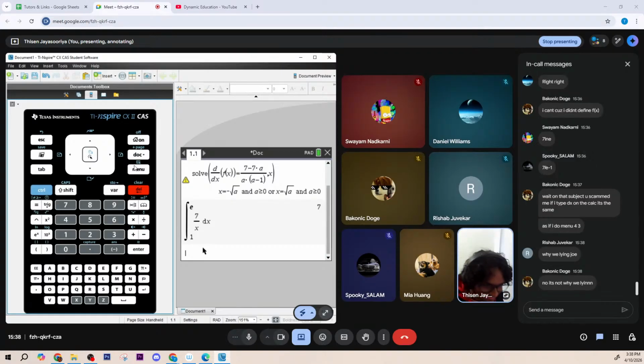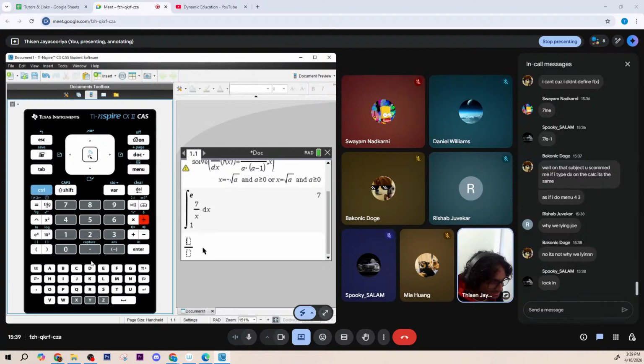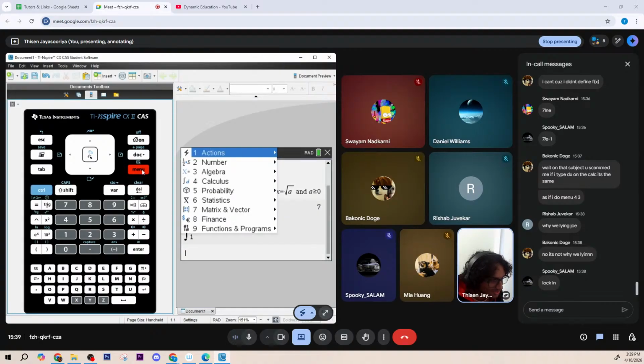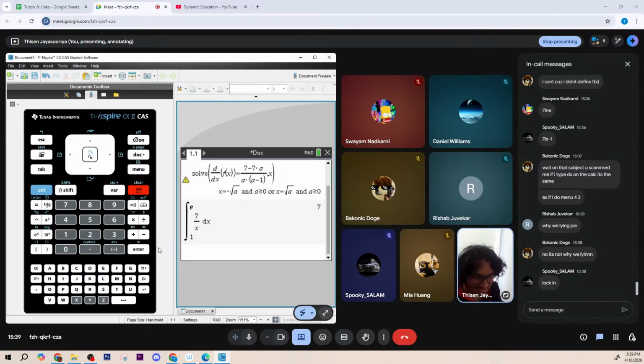It's not the same as literally going menu 4-1. It's a different letter D, coded in such a way that it's a different letter D. So the answer for this one's just 7.